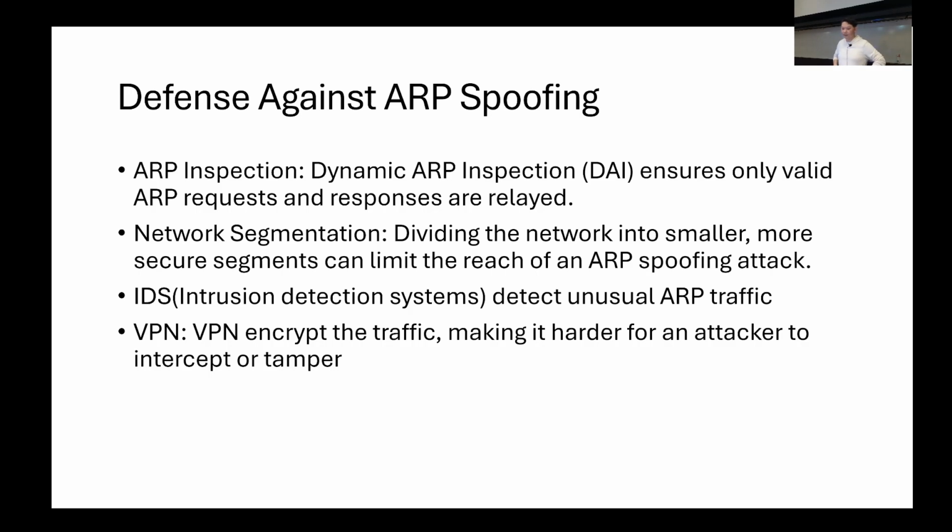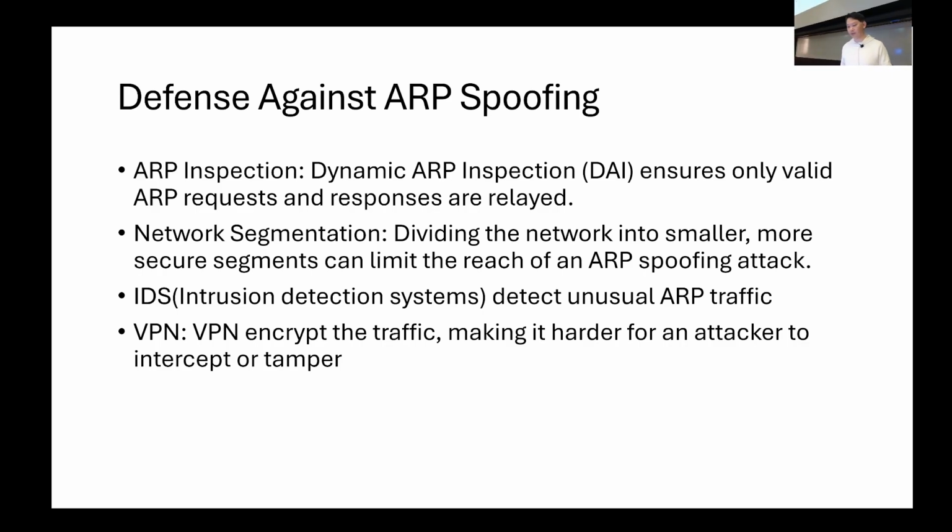The second one is network segmentation, dividing the network into smaller scales so that it can limit the breach of an ARP spoofing attack. The third one is to use security products like IDS or some network management tools.